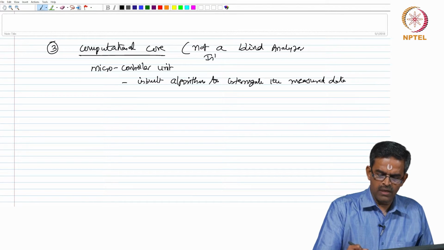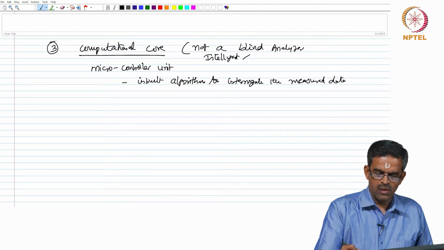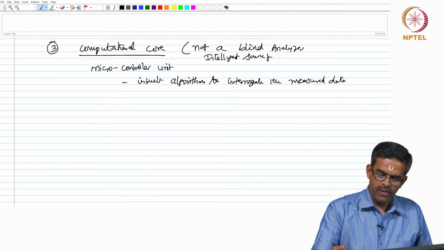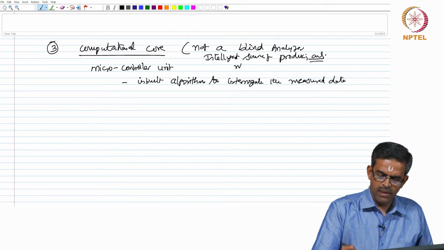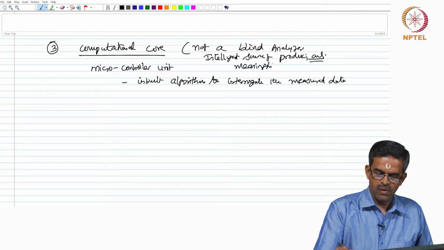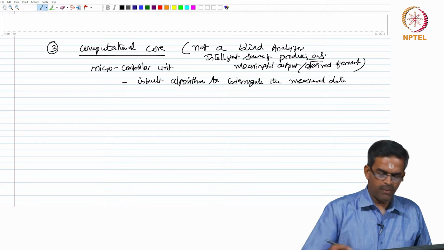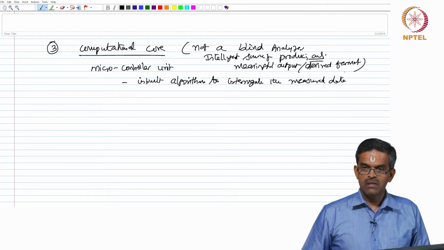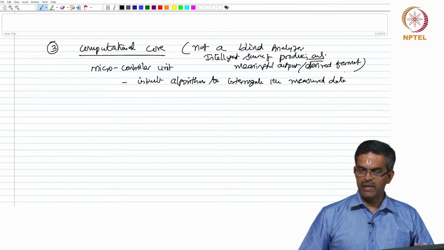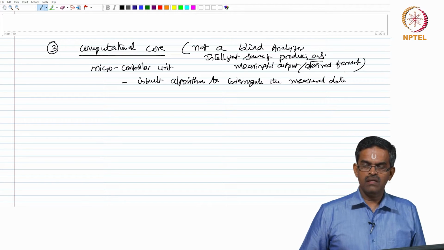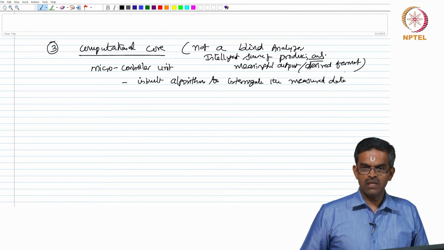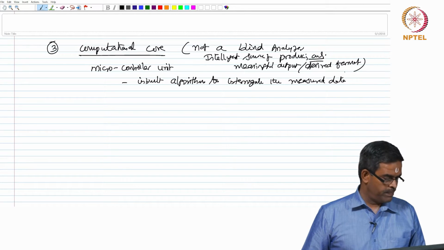It is actually an intelligent source of producing only meaningful output in the desired format. That is very important, that is the requirement of the day. Therefore, our computational core should also address these issues when you design the SHM system for any structure, in particular in this case a scaled model of an offshore platform.